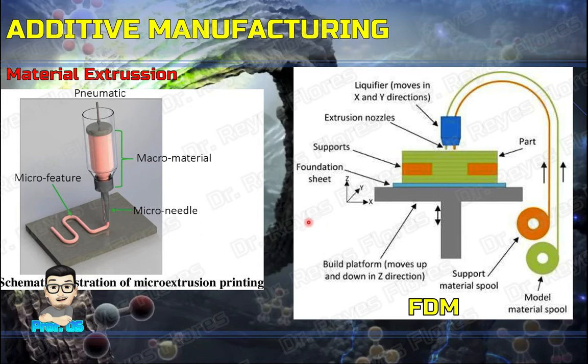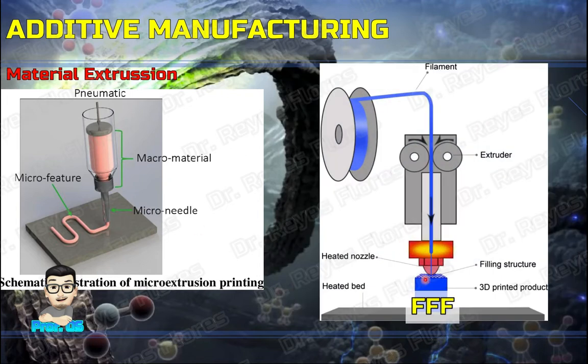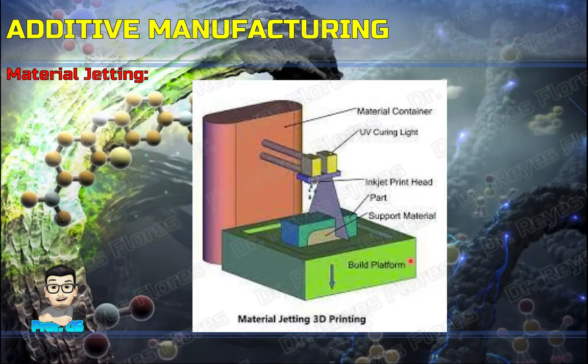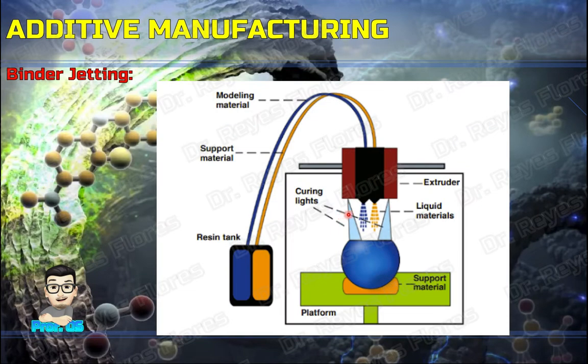Fused deposition modeling, fused filament fabrication, 3D dispensing, and 3D bioplotting fall in this category. Material jetting is an additive manufacturing process in which droplets of build material are selectively deposited. Systems based on inkjet printing fall in this category. Binder jetting is an additive manufacturing process in which a liquid agent is selectively deposited to fuse powder materials.